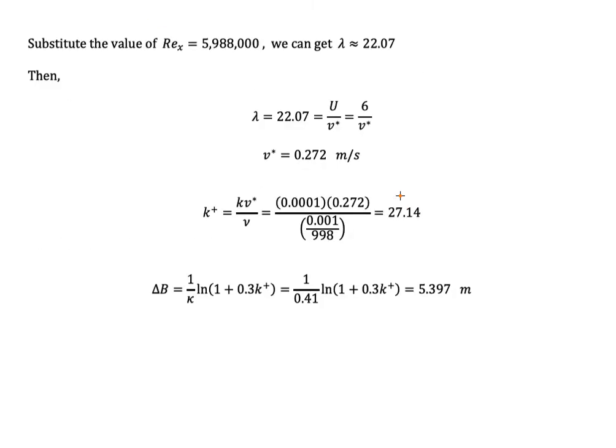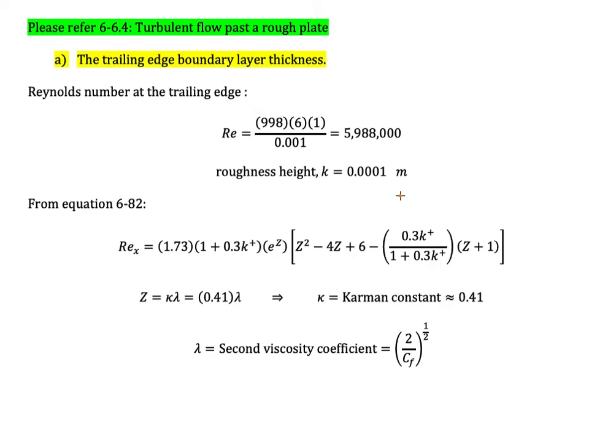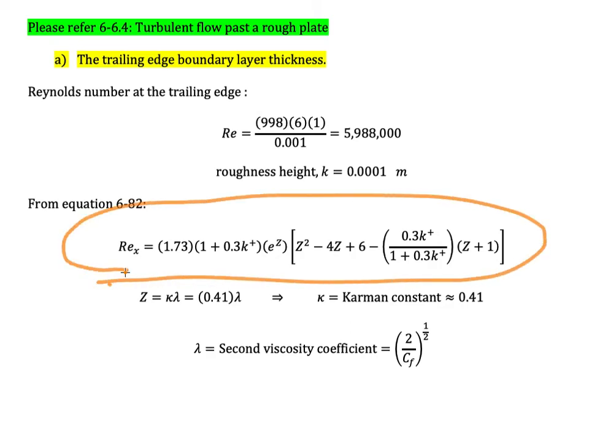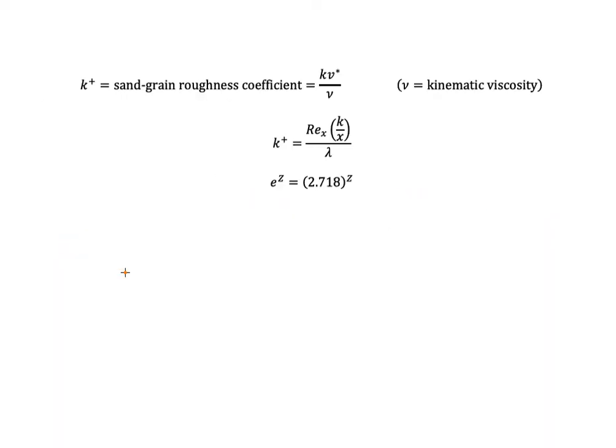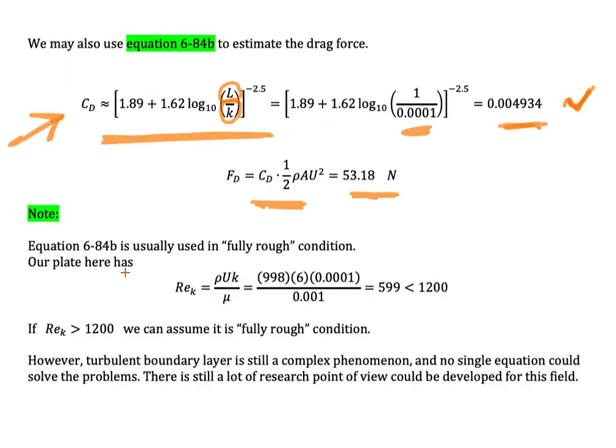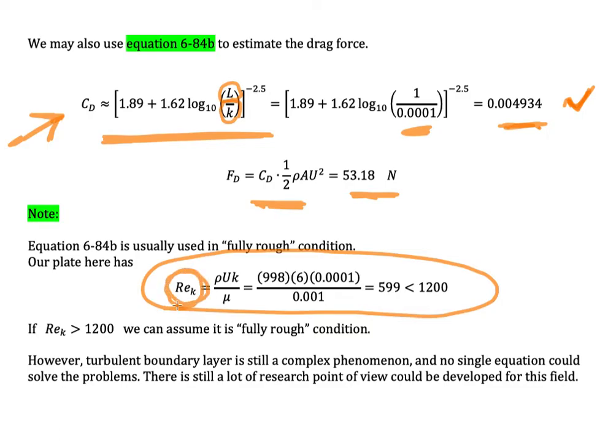For example, if you want to use this equation, normally you need to check whether it is rough or not by using this method. We check the Reynolds number based on K, which we call Reynolds number K. The equation is rho U K over mu, instead of rho U X over mu.